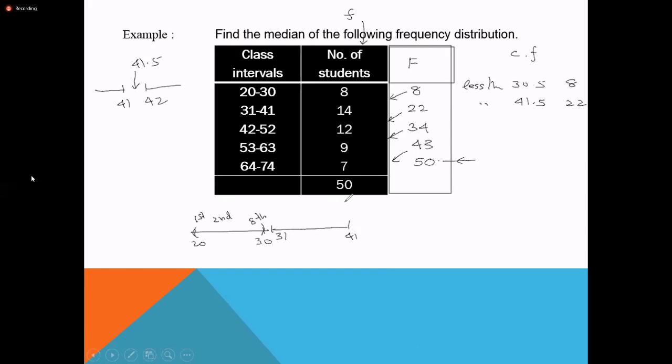This is up to the 22nd student දක්වා ඉන්නවානේ. එතකොට මෙතන ඉන්නේ 20 up to 22nd, ඒ කියන්නේ 9 වෙනි ශිෂ්‍යයාගේ. From the 9th student to the 22nd, that is included in this class. Next class interval 42 and 52.